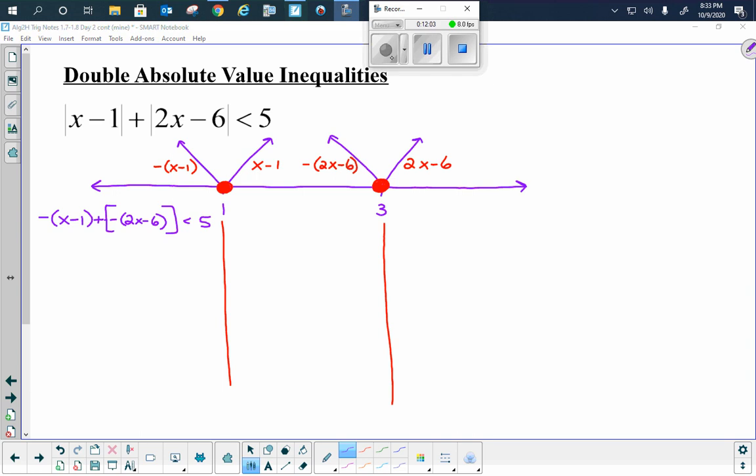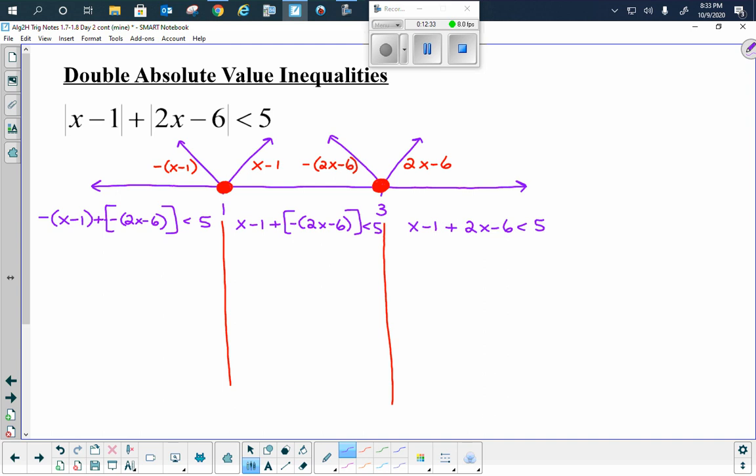And in the middle, you would have x minus 1 plus the opposite of the 2x minus 6 less than 5. And to the right, you would have x minus 1 plus 2x minus 6 less than 5.